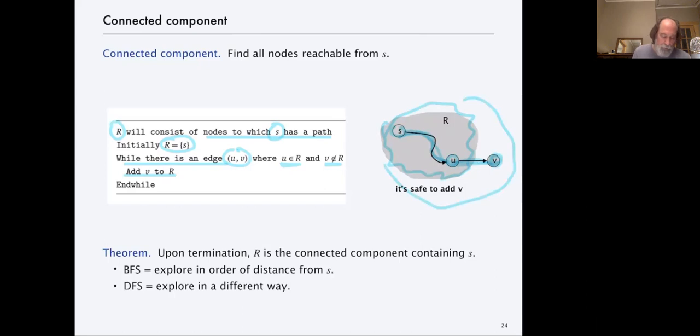So this algorithm is non-deterministic. There may be many choices of which vertex to add at some points, and I haven't said how to choose one.